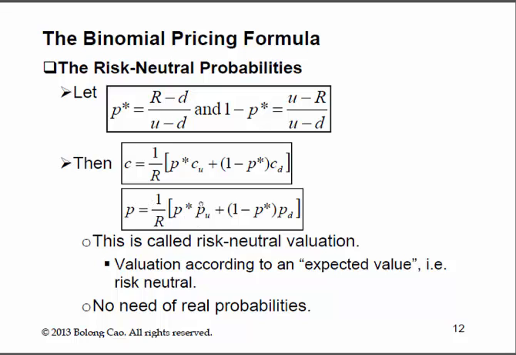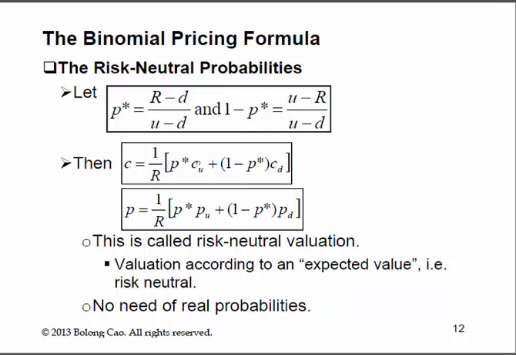So no matter whether you're pricing a call or a put, in fact any other kind of asset, as long as you can put the payoffs in the upstate and downstate here, you can get the asset price.